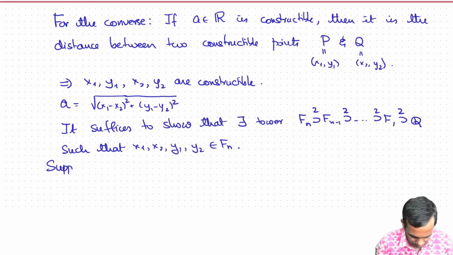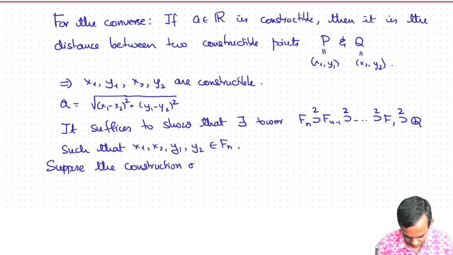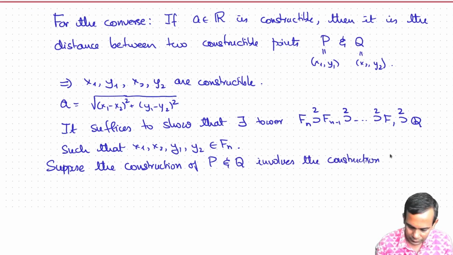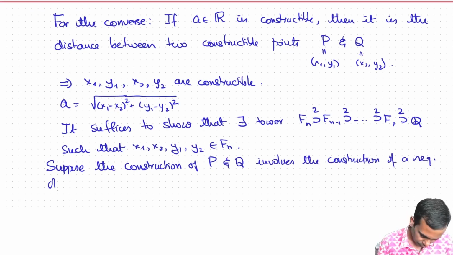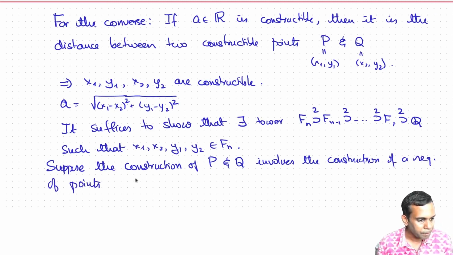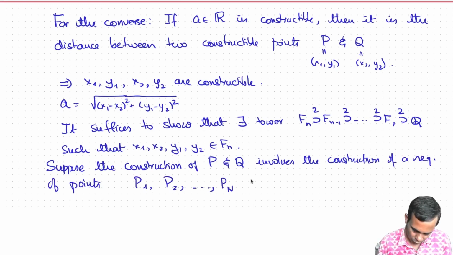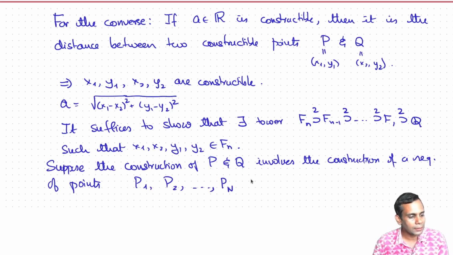So suppose the construction of P and Q involves the construction of a sequence of points, let's say P1, P2, up to Pn in this order, such that each Pi is constructed by joining either two lines in the previous step of the construction, or a circle and a line in the previous step, or two circles in the previous step.